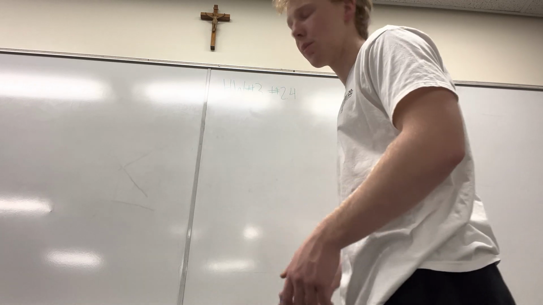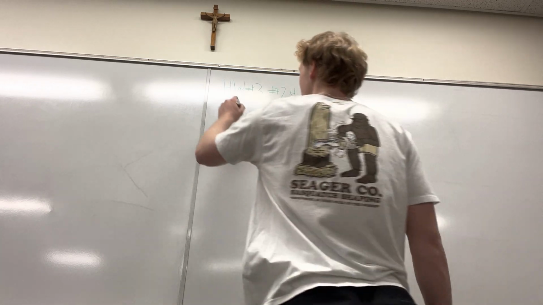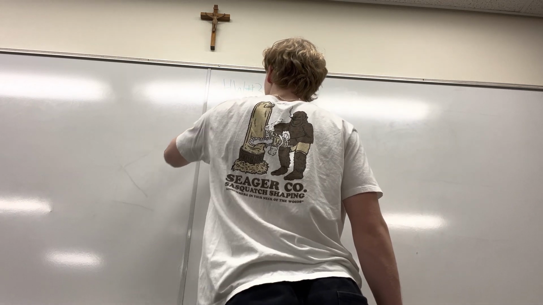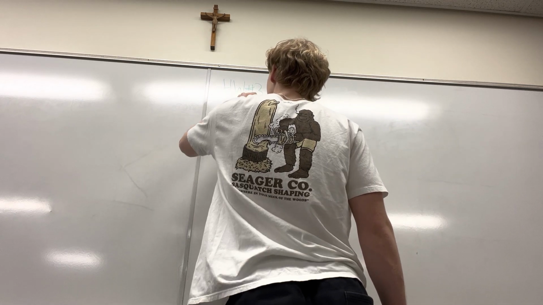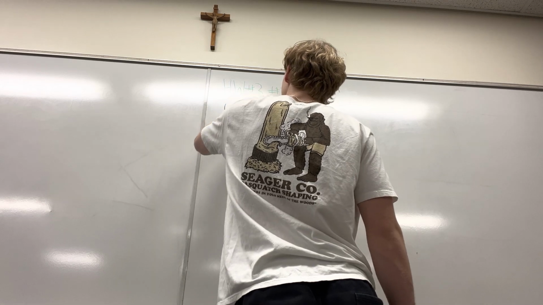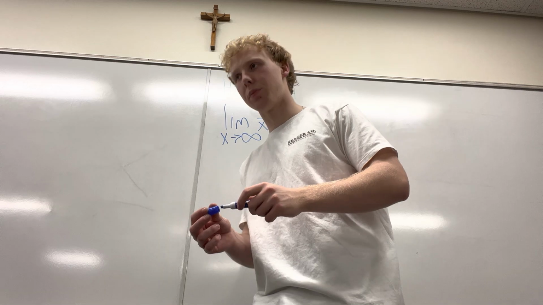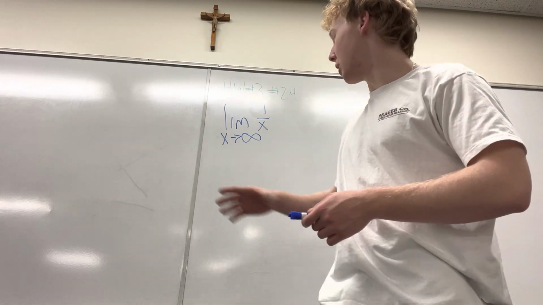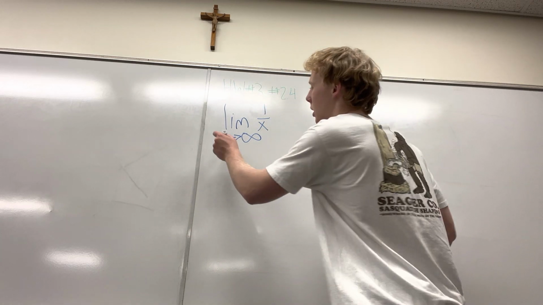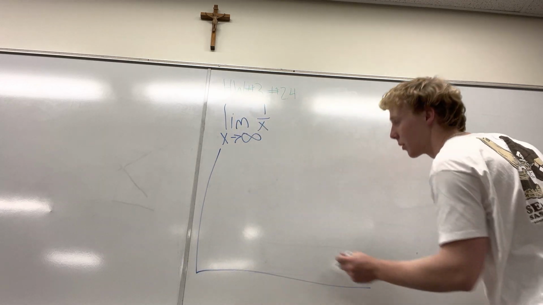So take, for example, the limit of 1 over x as x goes to infinity. We've seen this before, and we can graph this and see intuitively where it's going.